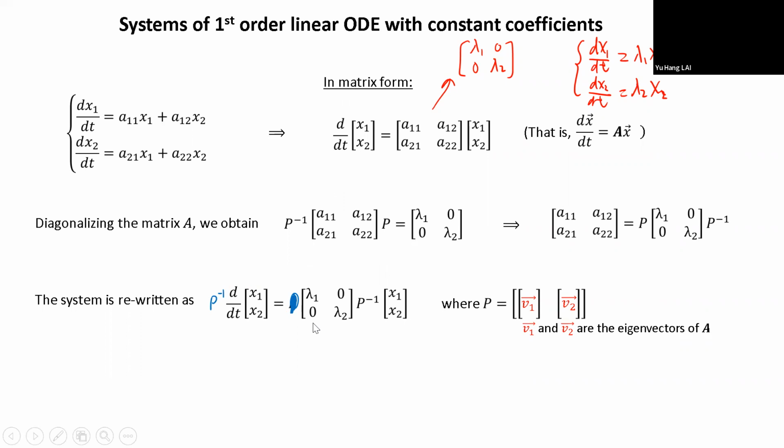Now look at the left-hand side: P inverse times the derivative of this column vector.